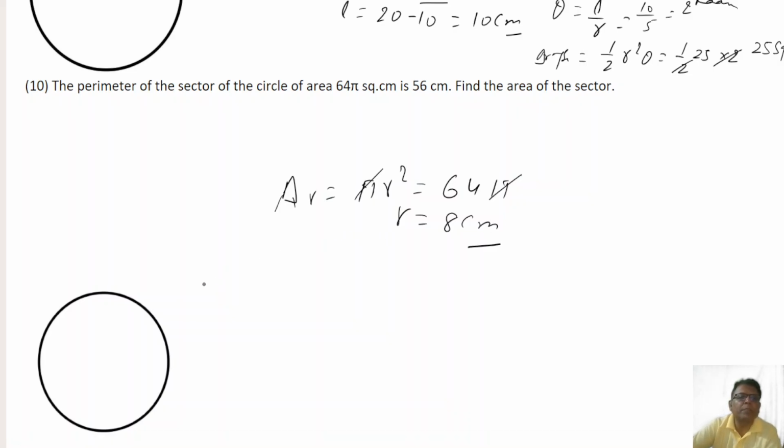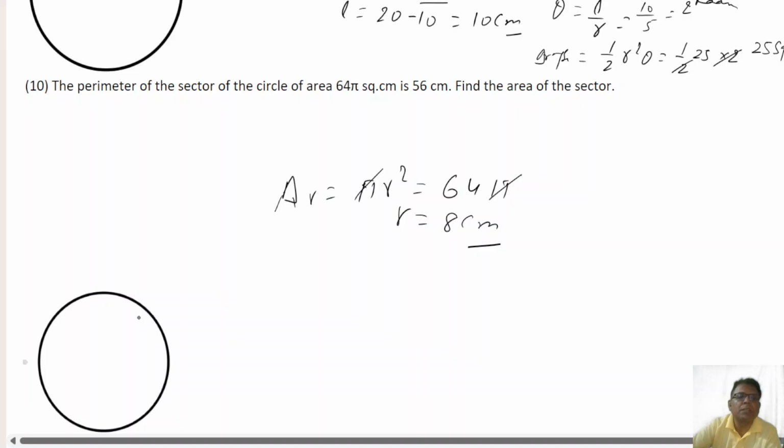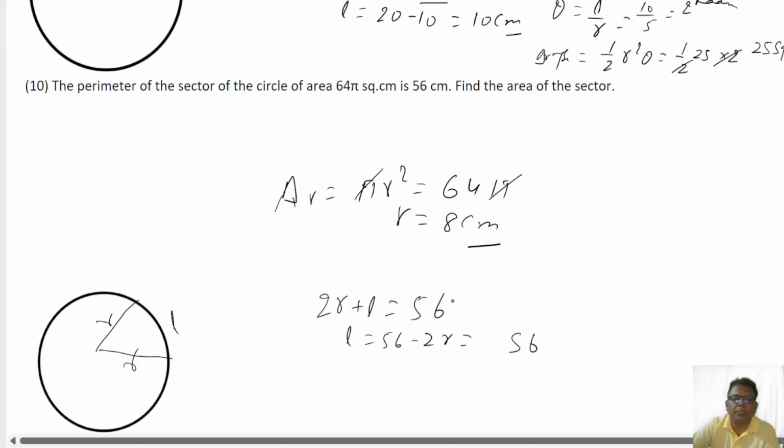And the perimeter of the sector of the circle is 56 centimeter. So again the same question. This is r, this is L. So 2r plus L is equal to 56. So L is equal to 56 minus 2r. So 56 minus 16 is equal to 40 centimeter. So L you got is 40 centimeter.